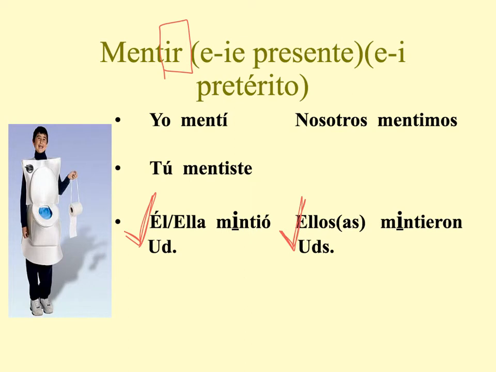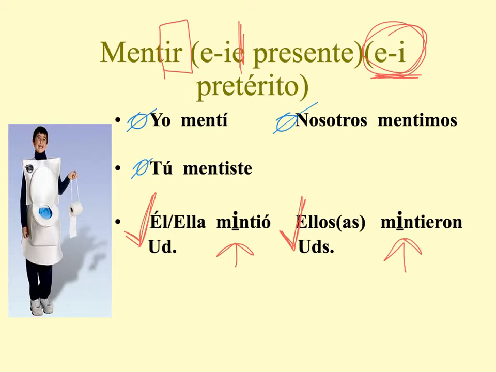Not here, and not here. Okay. And then lastly, my stem change is only E to I. E to IE does not happen in the preterite, so I modify it. I make it E to I. So I switch out the E in mentir for an I. Mintió and mintieron. There you go.